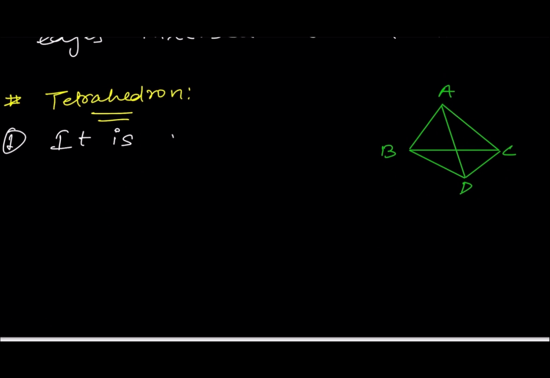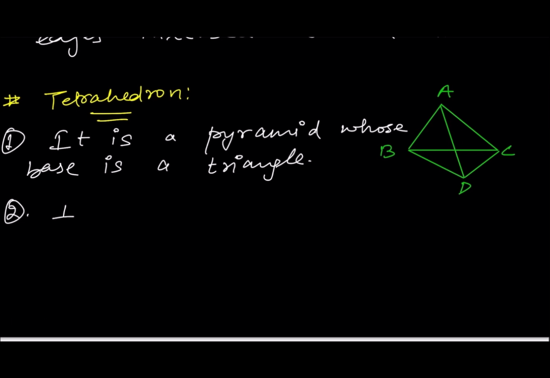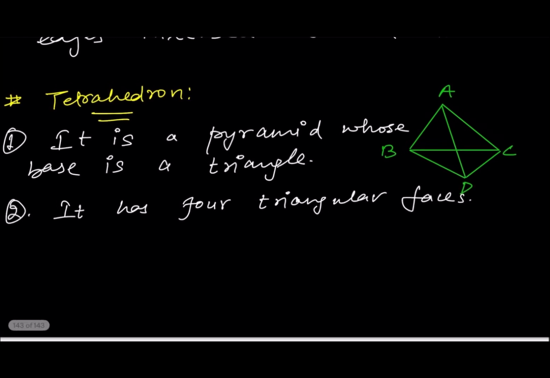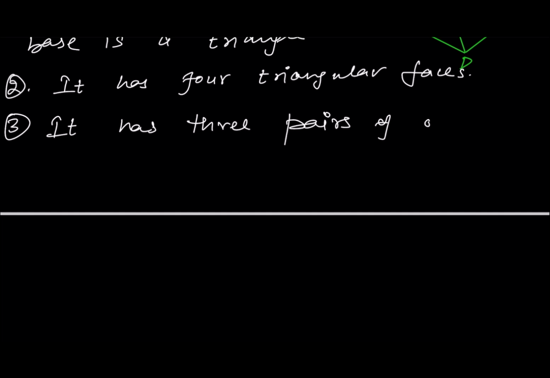It is a pyramid whose base is a triangle. Point number 2, it has 4 triangular faces. Point number 3 is it has 3 pairs of opposite edges.